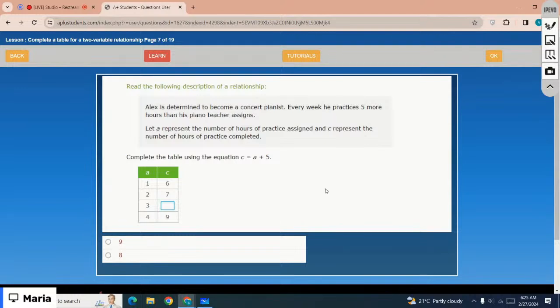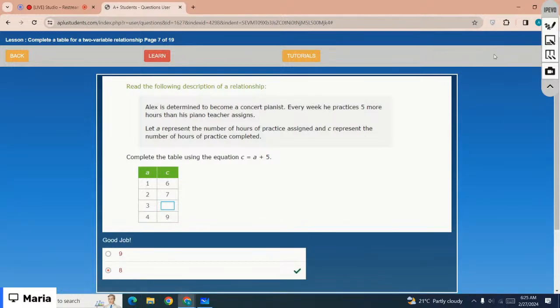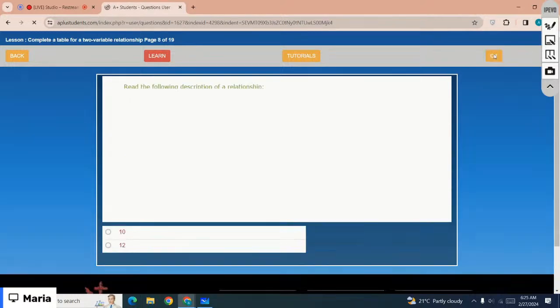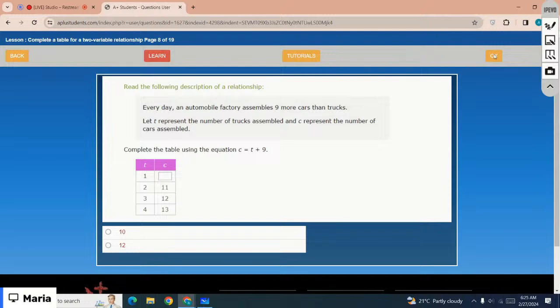Option number 2 is the correct option. Complete the table using the equation C equals T plus 9. So, which is the correct option?